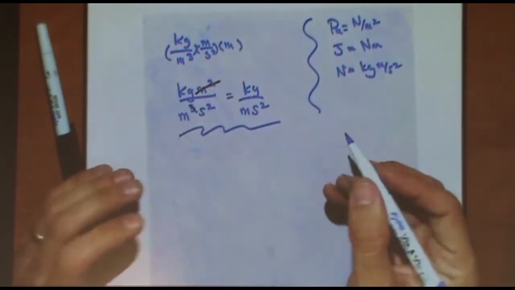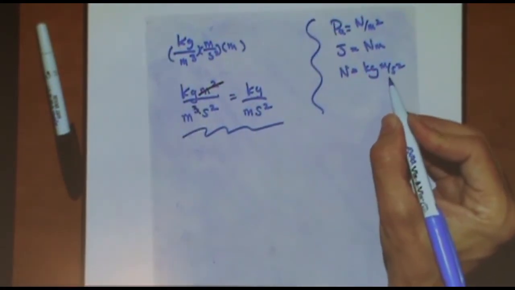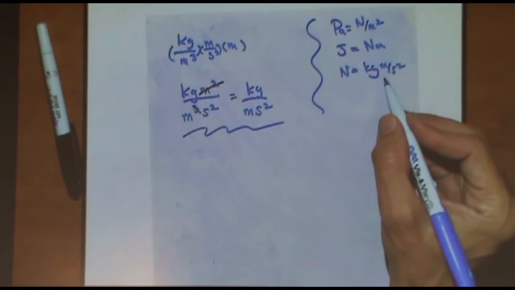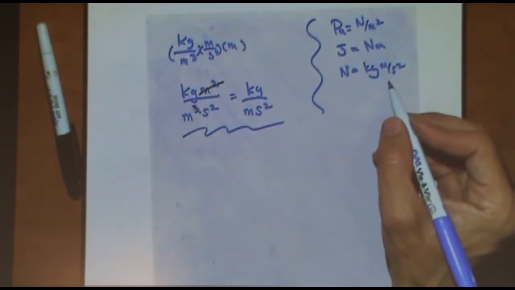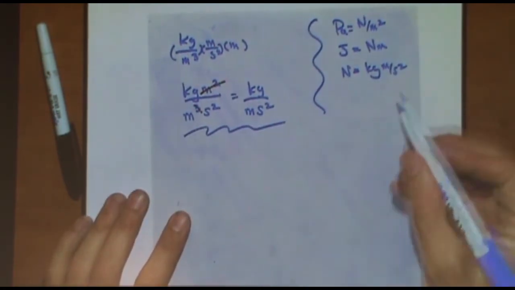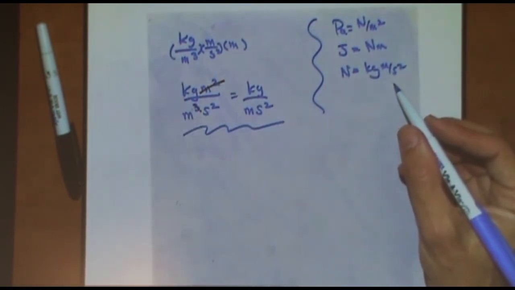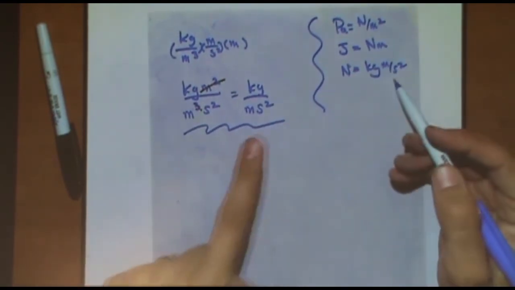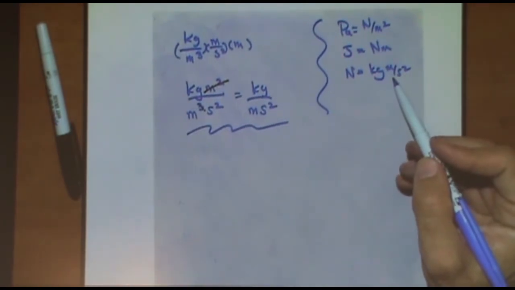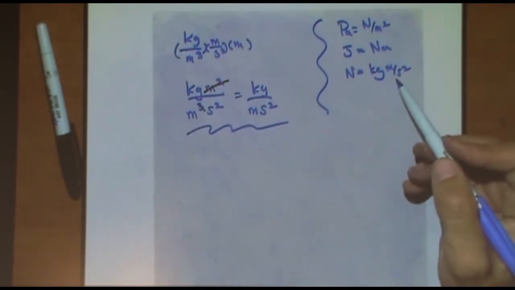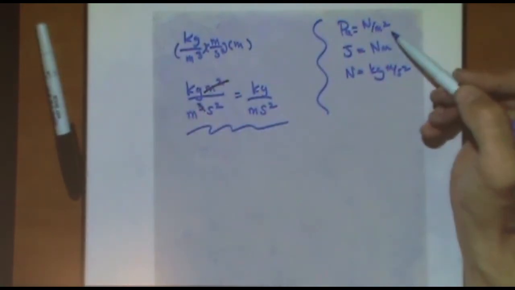So, for example, it's not this one. You see? It's this one divided by what? This is this divided by meter squared, which is also a Pascal.